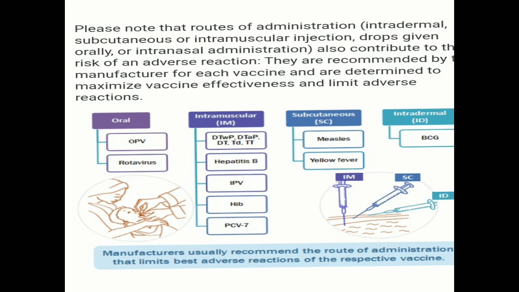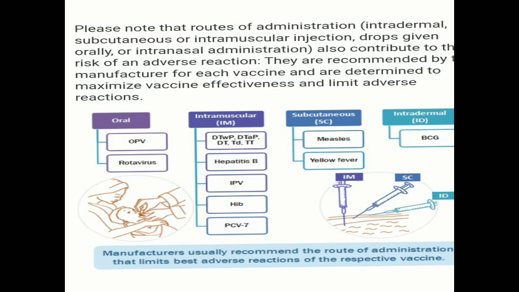So what are the complications that occur with the DPT vaccination? The high grade fever, inconsolable cry, that is, the baby cries for more than 3 hours and cannot be consoled, and there is no other etiology for the crying.